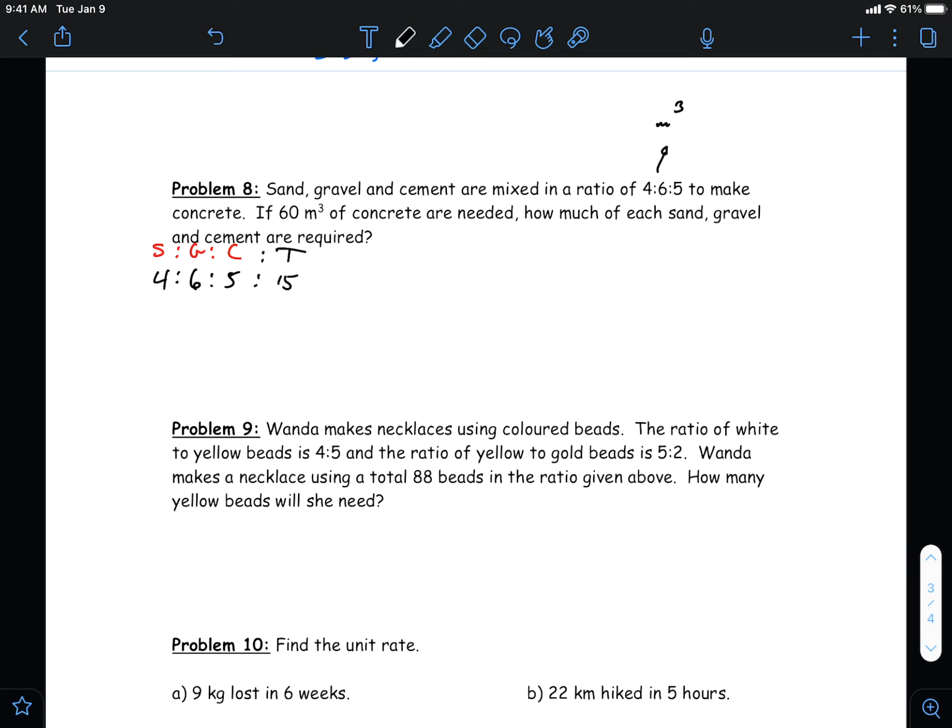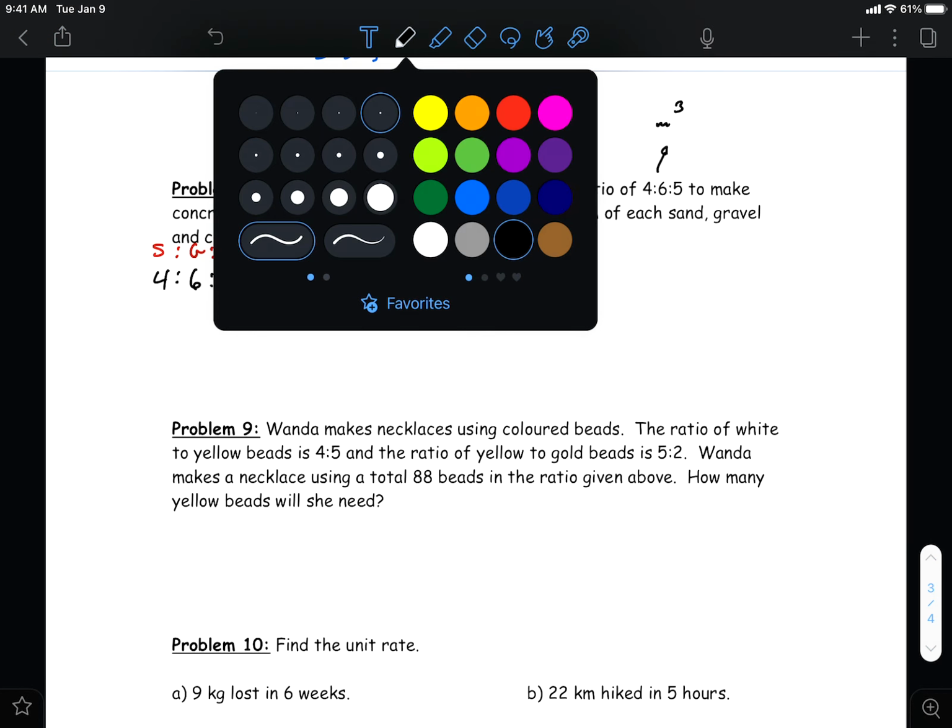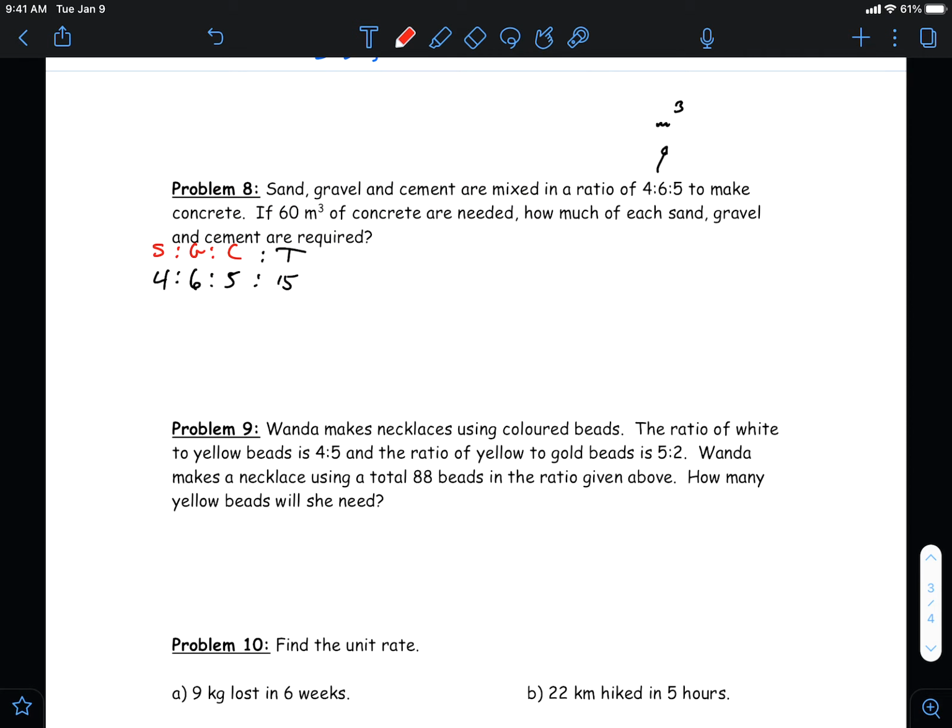That's in total. And now underneath, either of the two methods that we've discussed so far would work for this particular question.